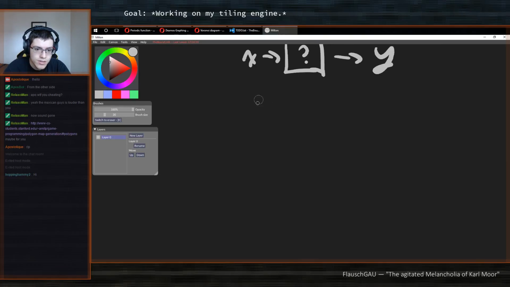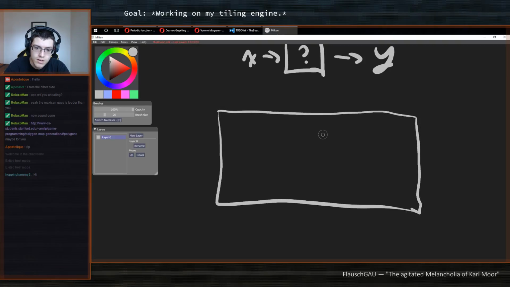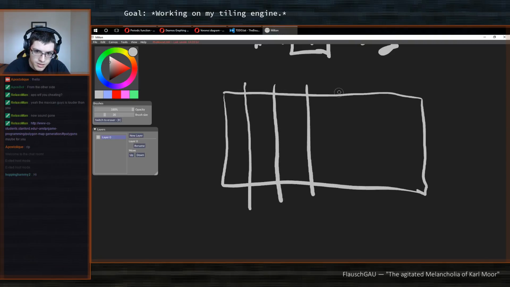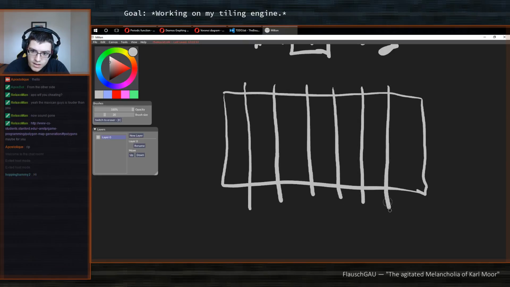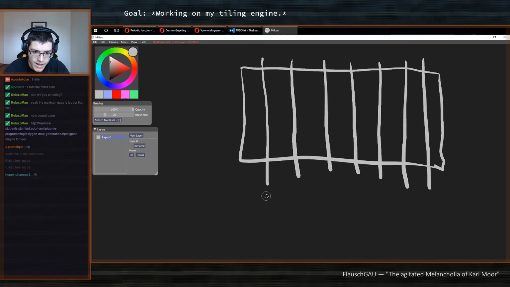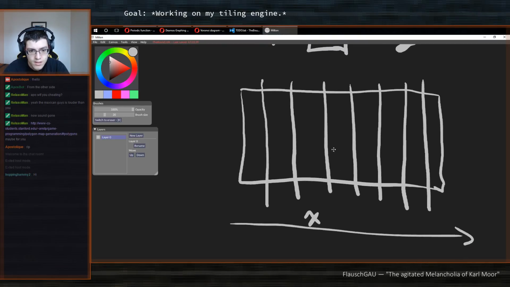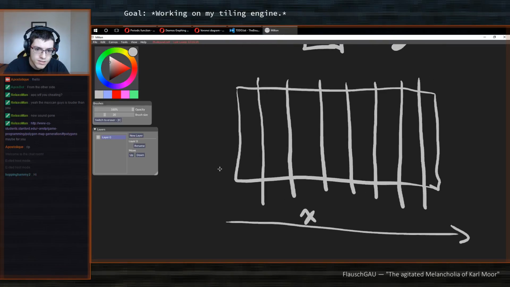So given this sort of big map, and then I set some points, this sort of resolution. So I get this resolution, and I say, here there's an X. This is my X-axis. And this is my Y-axis.